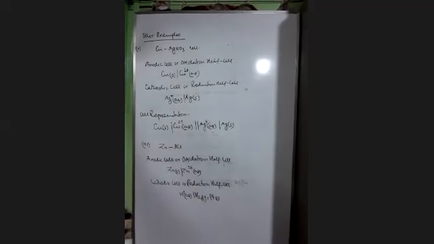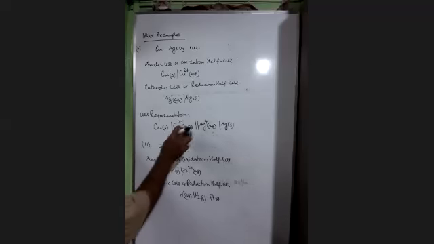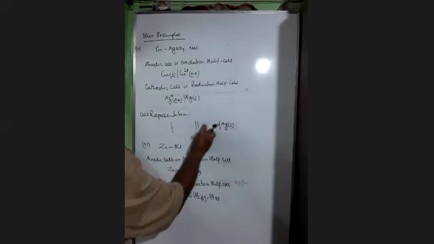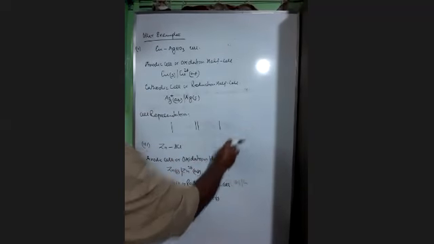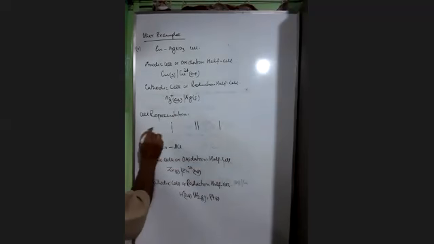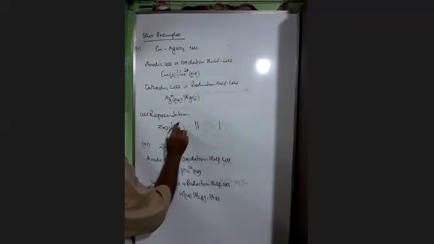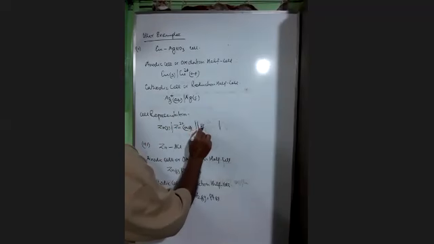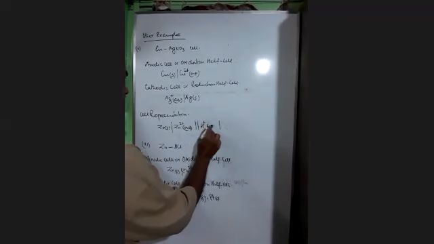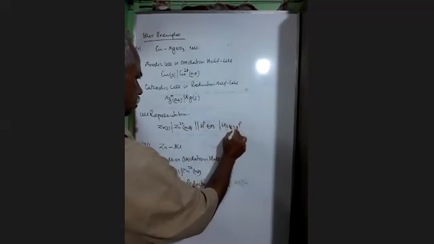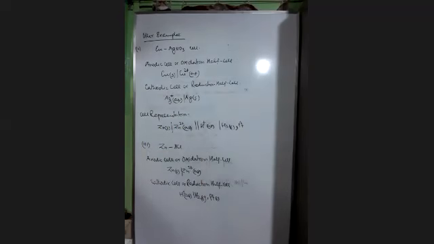So now write the cell representation. So we write now here. This is the one.